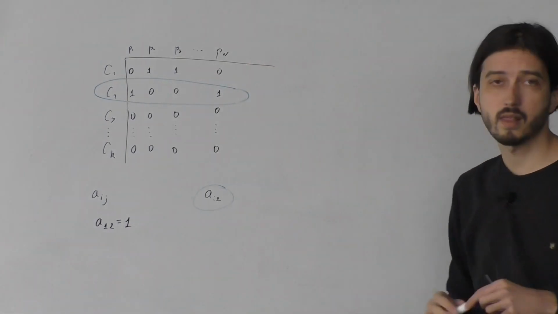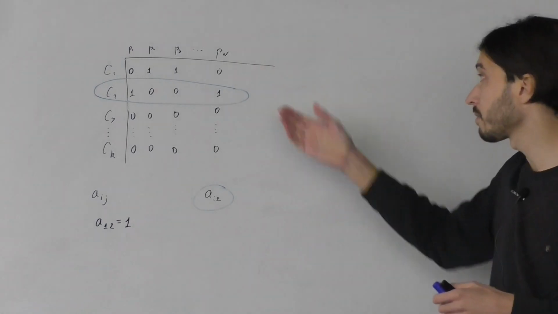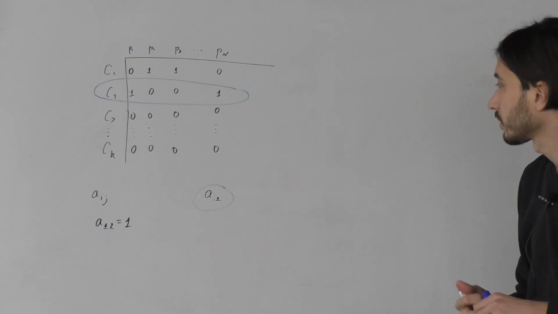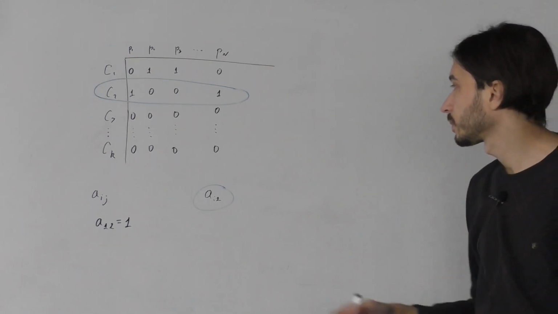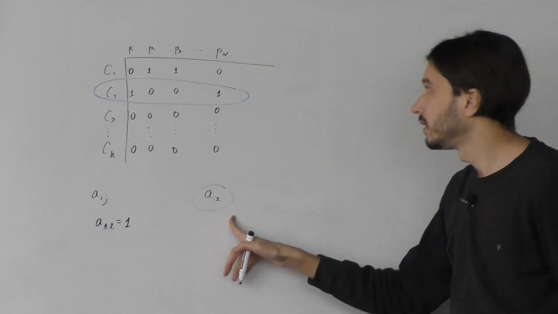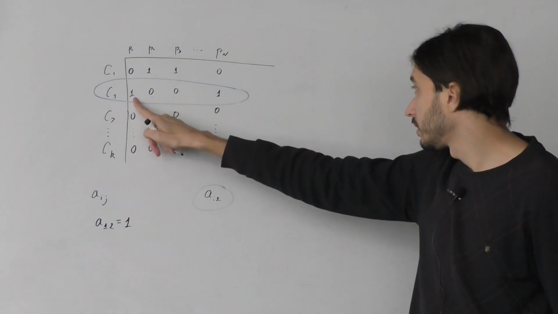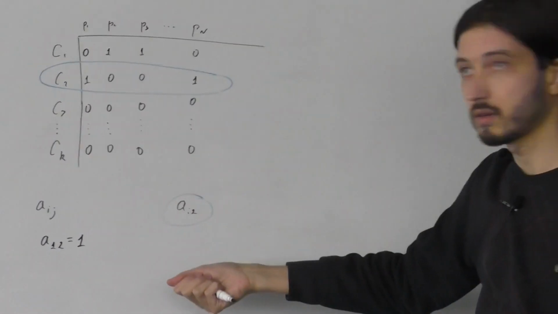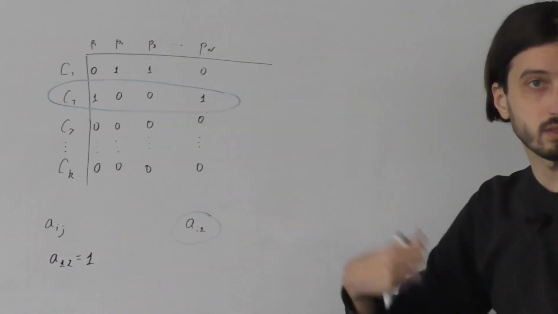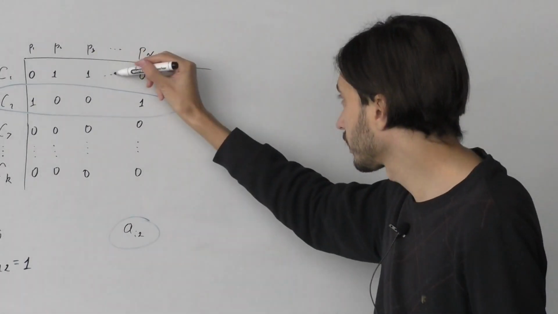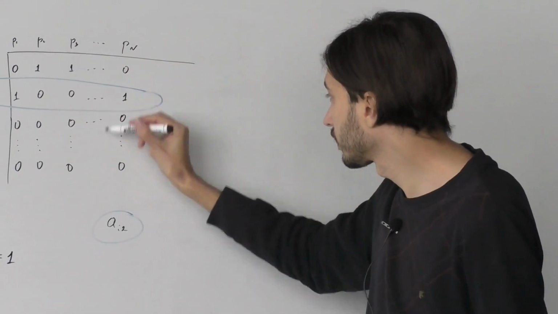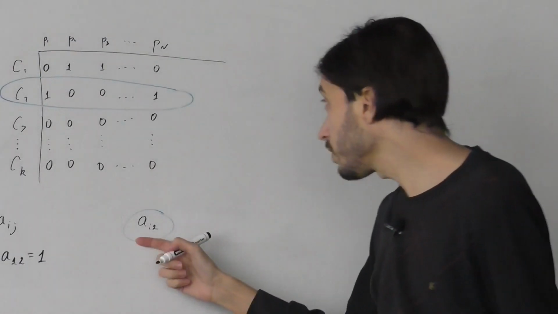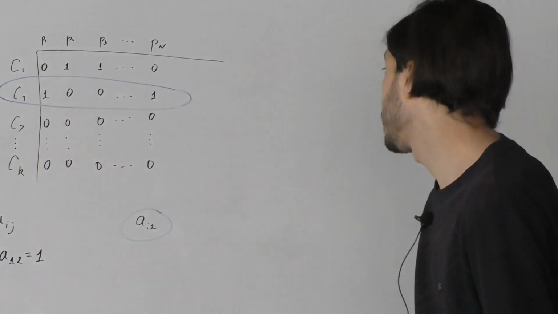How do you express that in mathematical notation? Recall, I have 1 in this case if the point belongs to the cluster, and 0 if it does not belong to the cluster. Just sum the row. Yes, I can just take a sum of the row, and I will have the number of points that belong to this cluster.